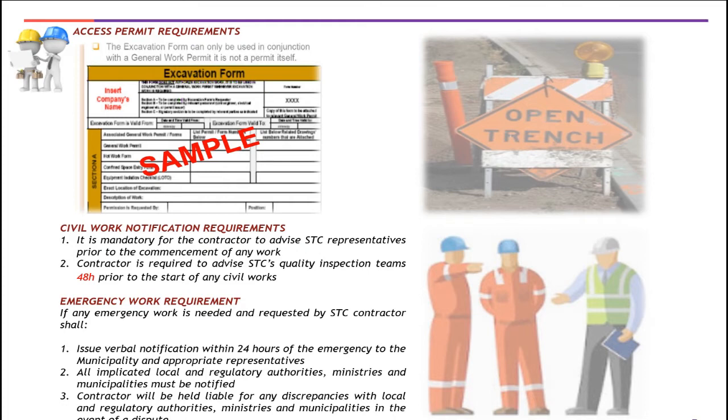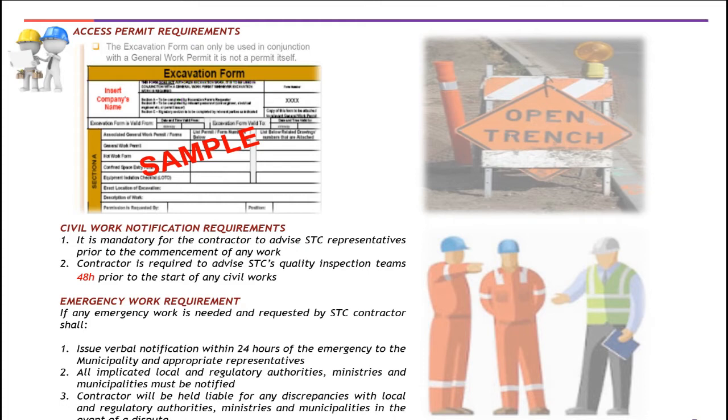As a contractor, your responsibility is to inform all parties affected verbally within 24 hours. In the event of any dispute, the contractor will be held liable with local and regulatory authorities.